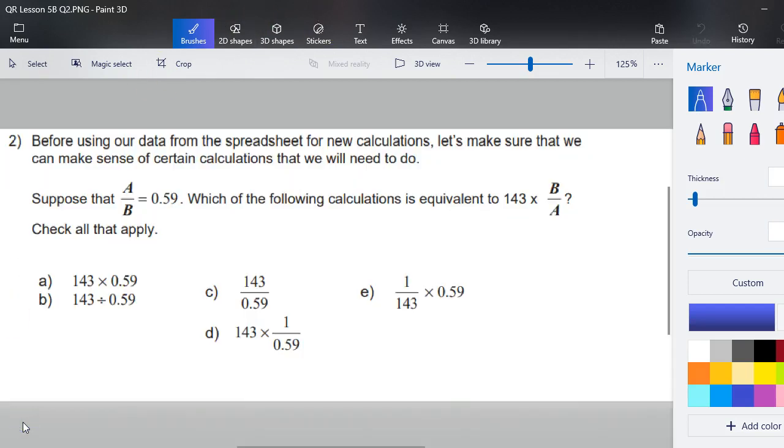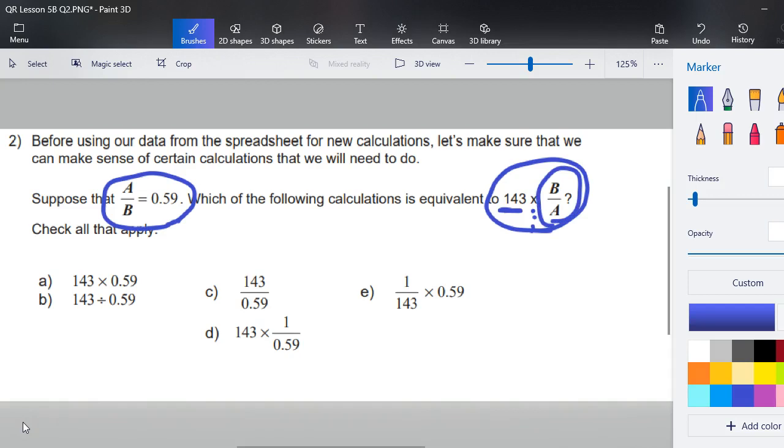Before we get started with our data, we want to look at a couple of calculations to make sure that they make sense in what we're about to do. We have a given: let A over B equal 59 hundredths. Then which of the following calculations is going to be equal to this? Quick analysis: we have 143, we have times, and then we have the reciprocal of what we started with.